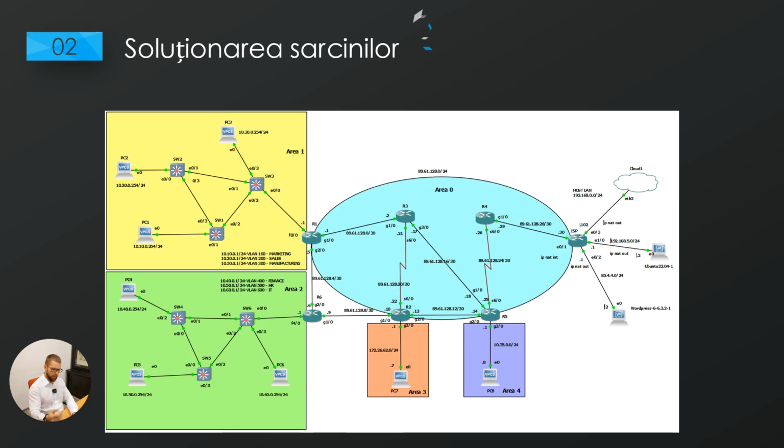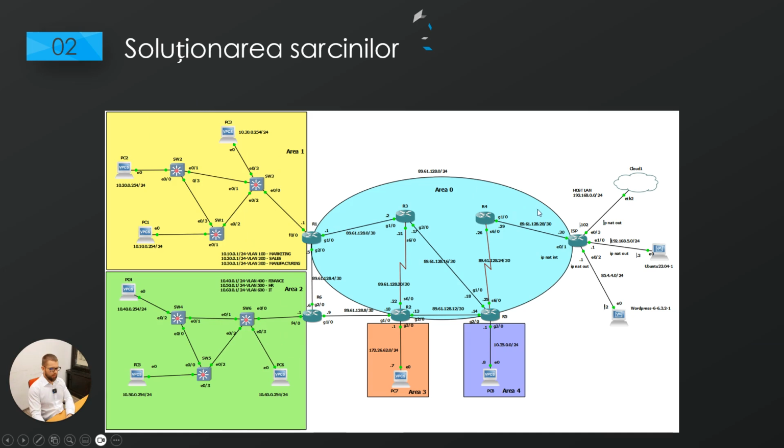This is how I connected the topology to the LAN of the router. And this part, which is area 1 and area 2, is the switching part, one from the left and one from the right. That's why I also chose these colors, yellow and green.